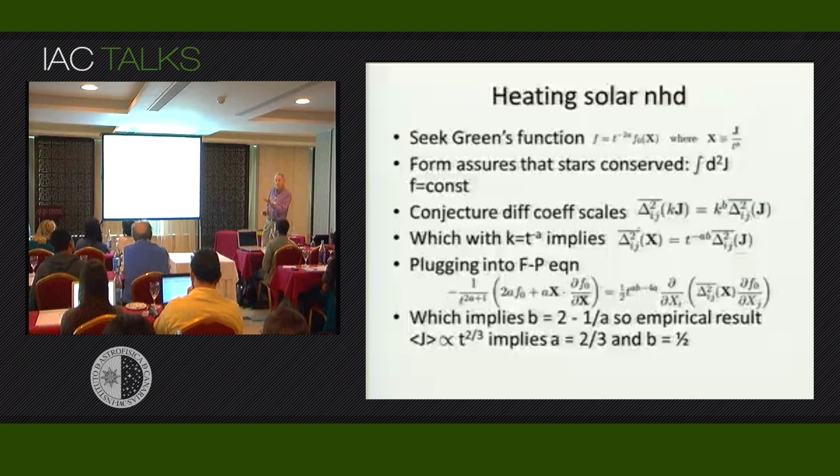So they're born on one axis of action space, and they're going to diffuse away from that axis towards non-zero values of the radial action and non-zero values of the vertical action. So they're going to start oscillating vertically, they're going to start oscillating radially. That's the heating of the disk. So we're starting with a line-like distribution of stars, and we're watching them diffuse away from a line.